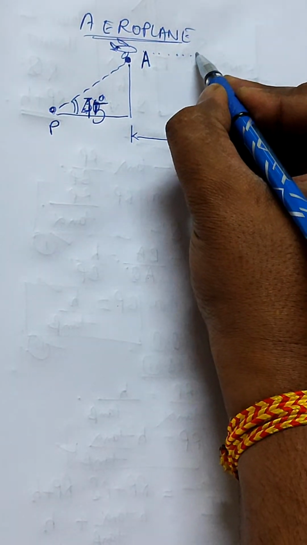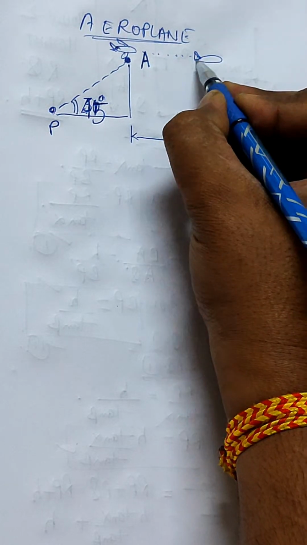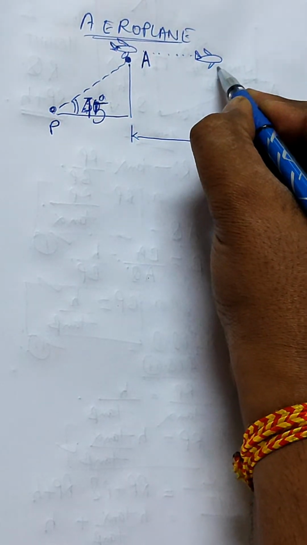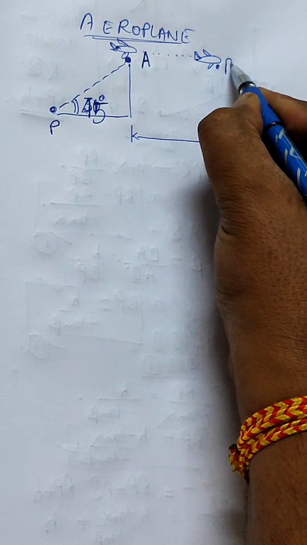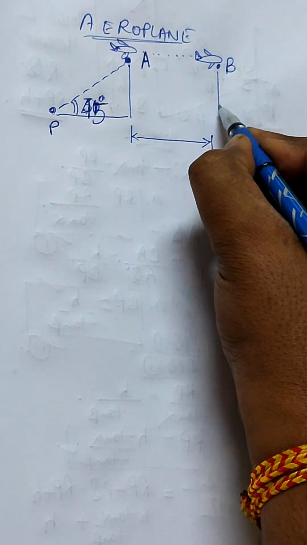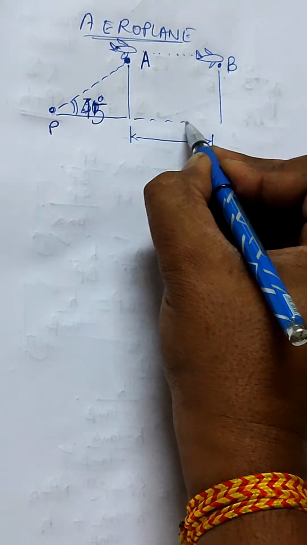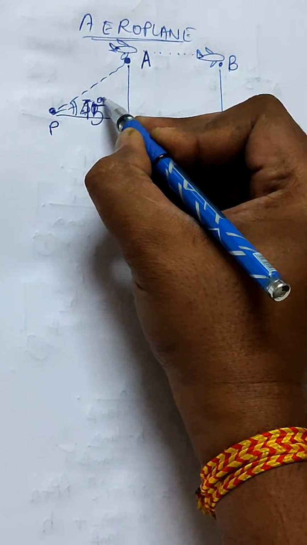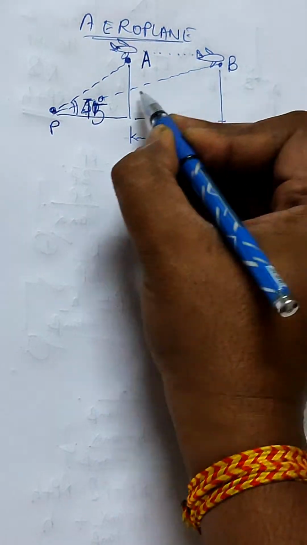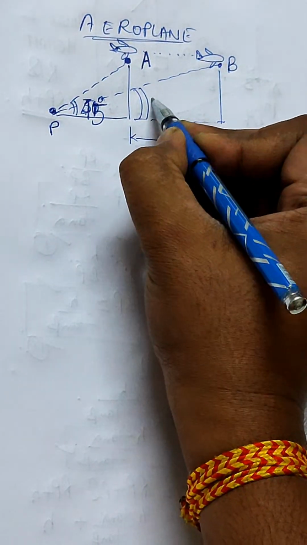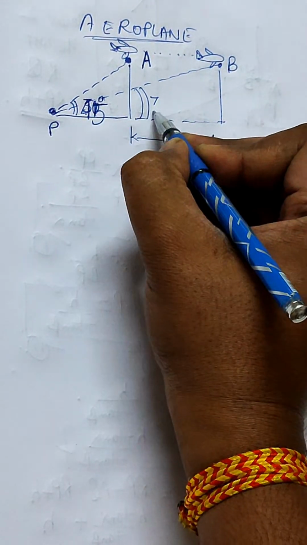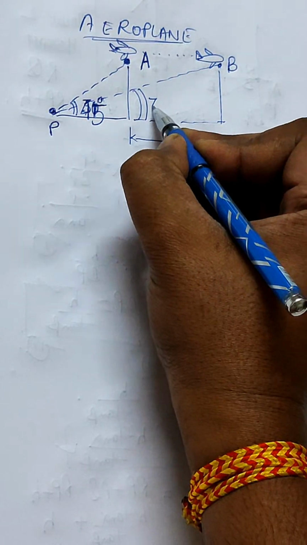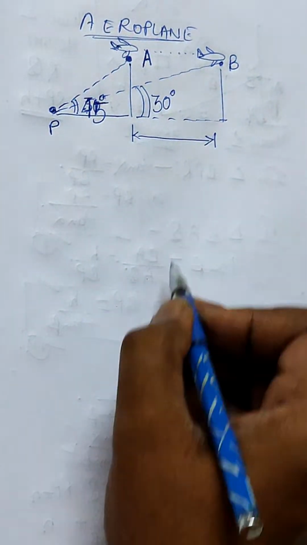Let's say this is the point B, then the angle of elevation also changes because we are standing at the same point. So from here the angle of elevation will be this one, and this is definitely less than 45. So this is given to you as 30 degree, right?